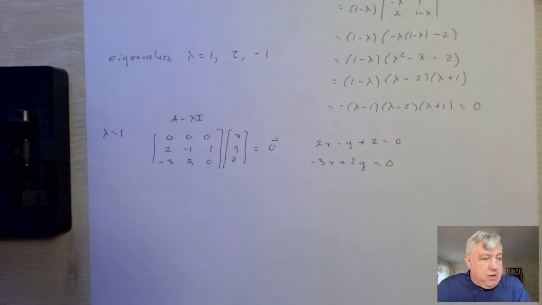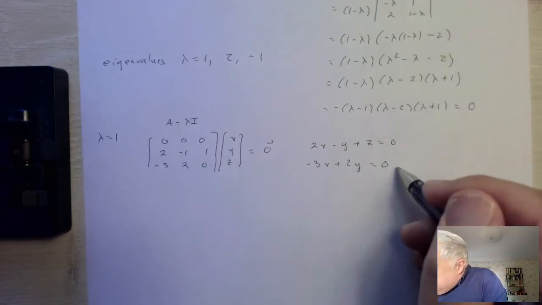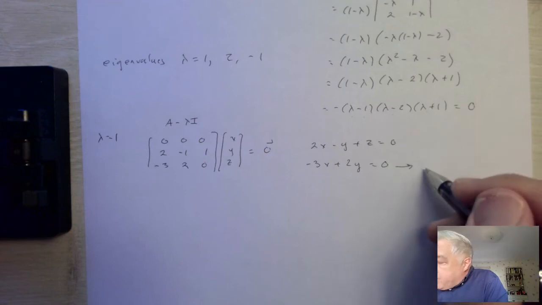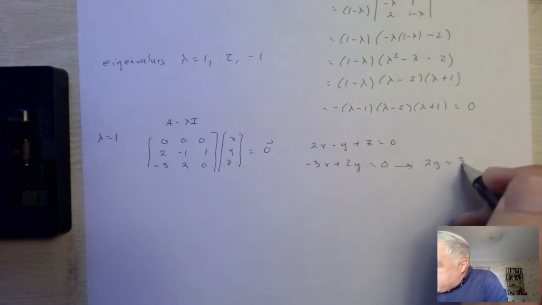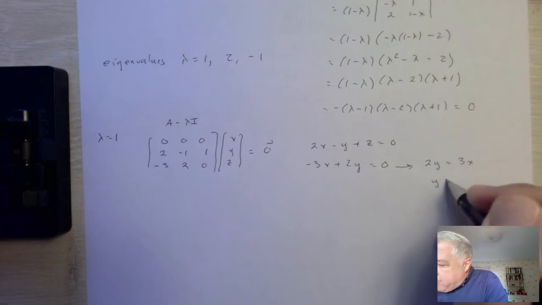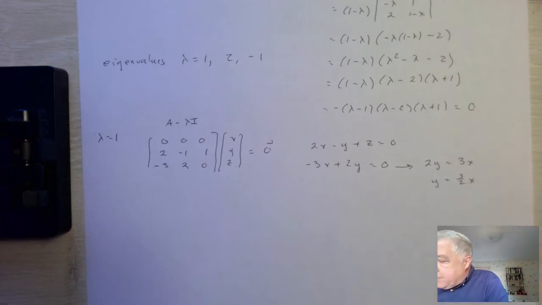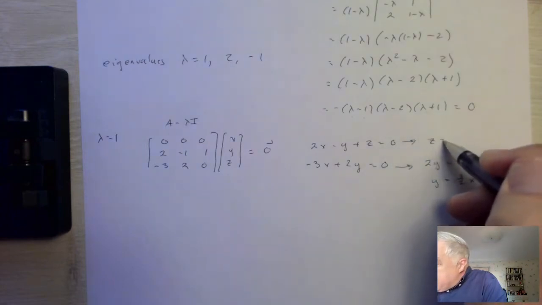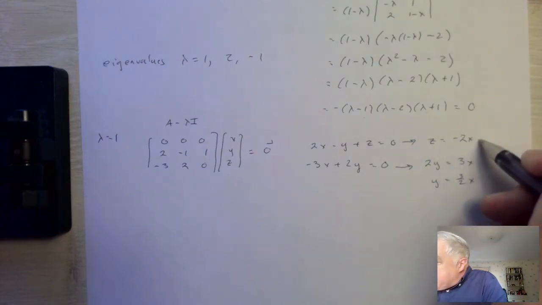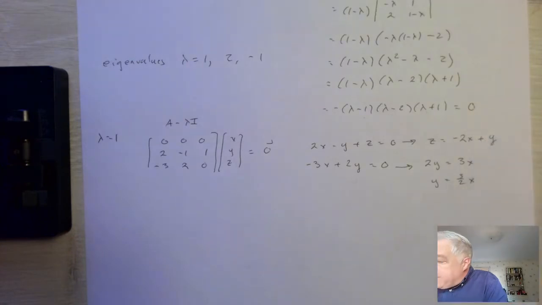From this equation, we can take 2y equals 3x, and so y will be 3 halves x. And then from here we get z is equal to minus 2x plus y.